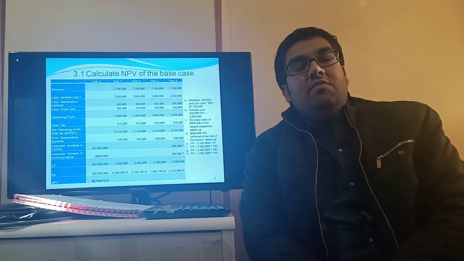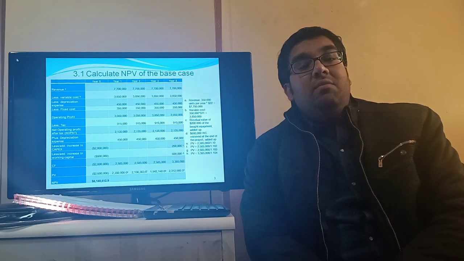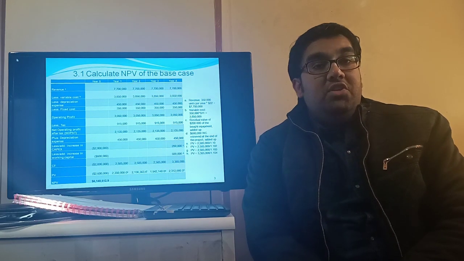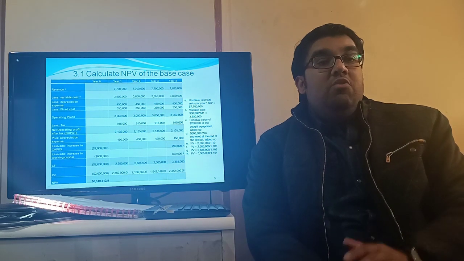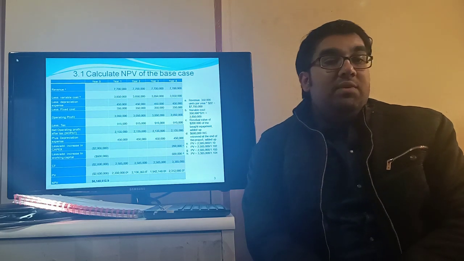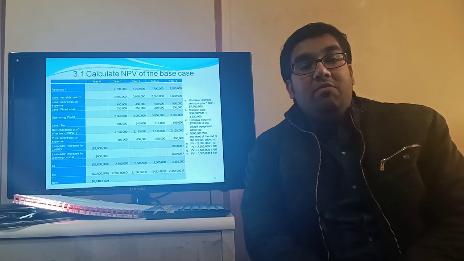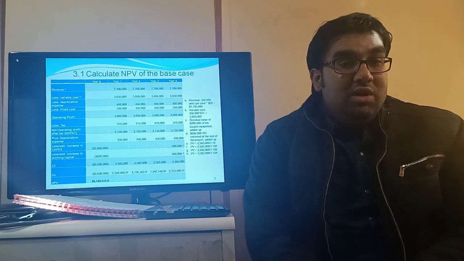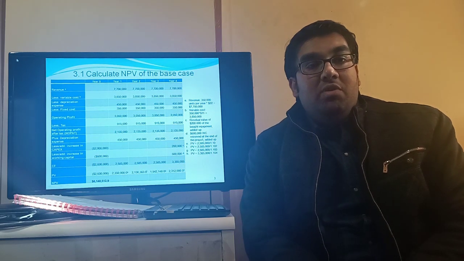The first step of sensitivity analysis was to calculate the NPV of the base case without any changes in value drivers. We calculated the operating profit by deducting the variable cost, depreciation expense, and fixed expenses from the sales revenue. Then the tax was deducted from the operating profit to determine the operating profit after tax, or NOPAT.